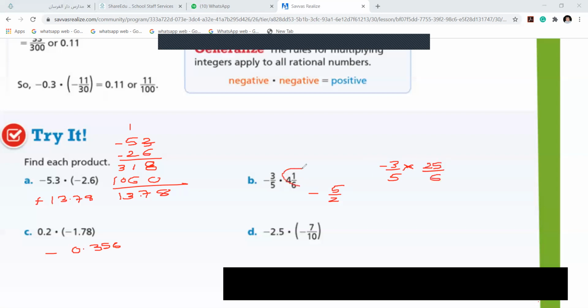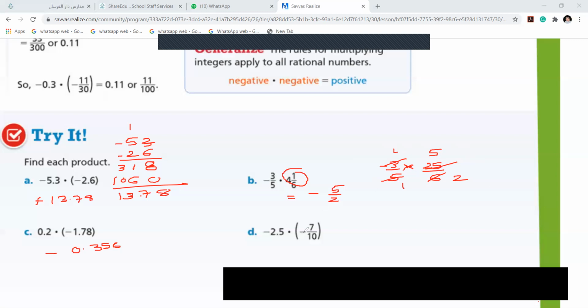You know this, right? 6 multiplied by 3, 4 and times 4, 1 and 3 times 2, 5 times 1 and 5 times 5. Your answer is minus 5 over 2. Please solve this. In the next class, I will explain this one again, the same question, and then continue with my science class.